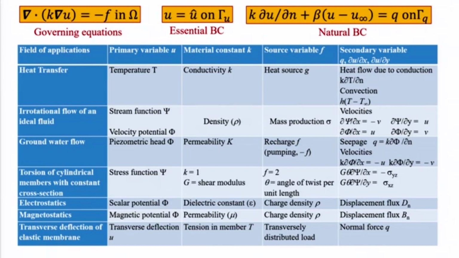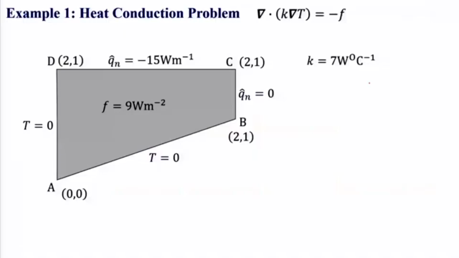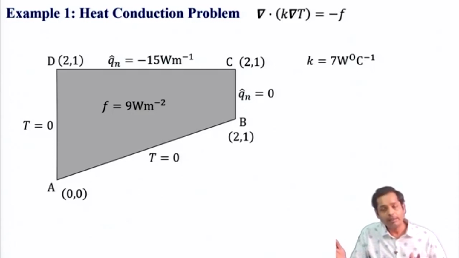What we will do today is take this example, a two-dimensional heat transfer problem, where the primary variable u is T, K is the conductivity, the source variable is F, and the natural boundary condition is the convection boundary condition defined like this. We'll take this problem today. So this is the problem. Now, the domain is taken to be relatively simple because we have to do all the calculations manually.